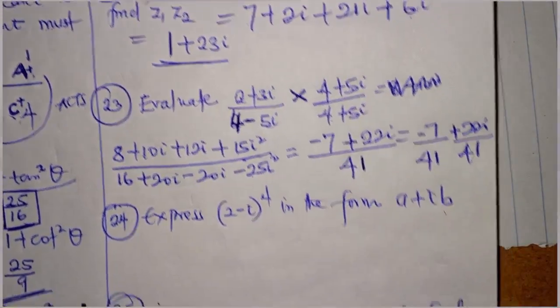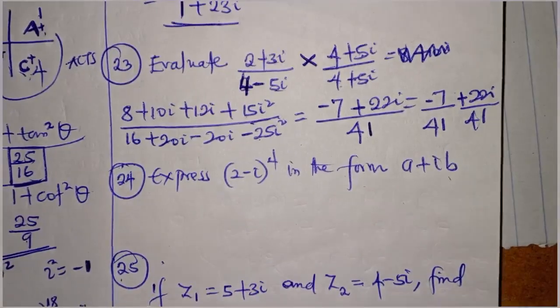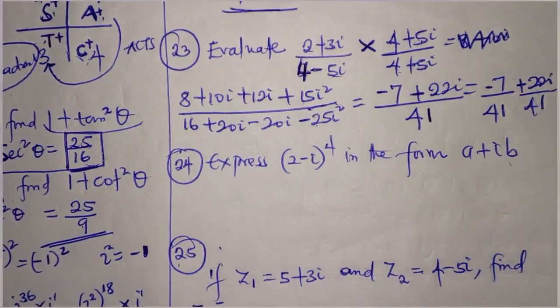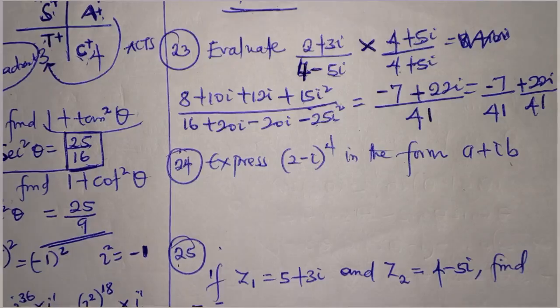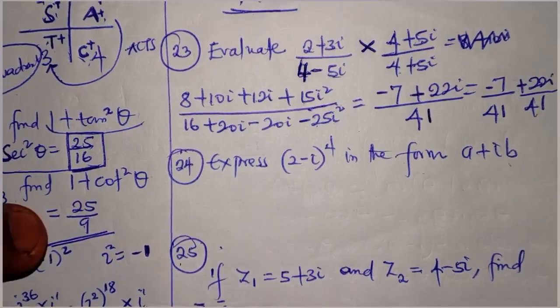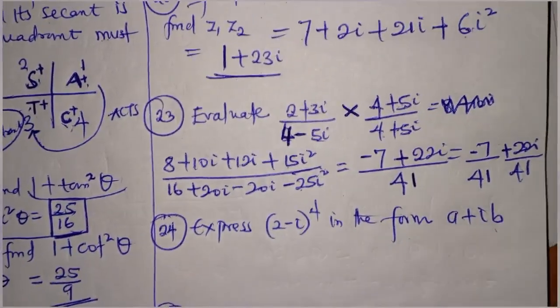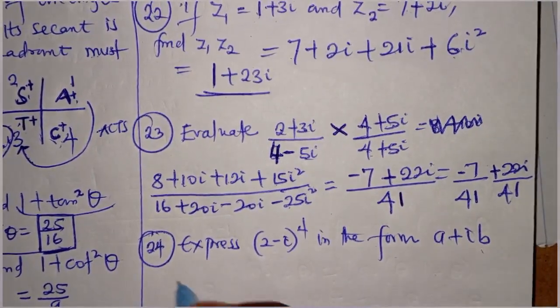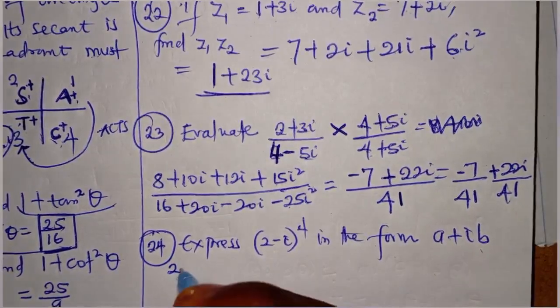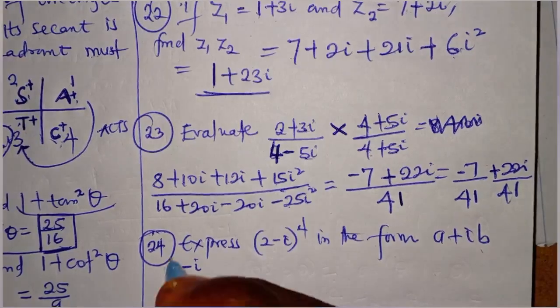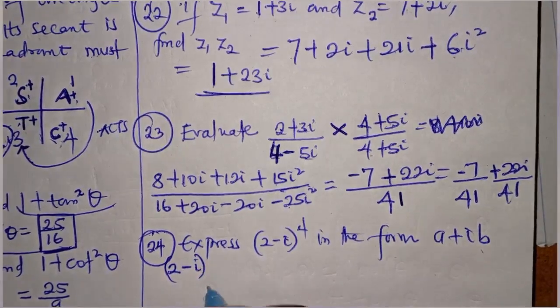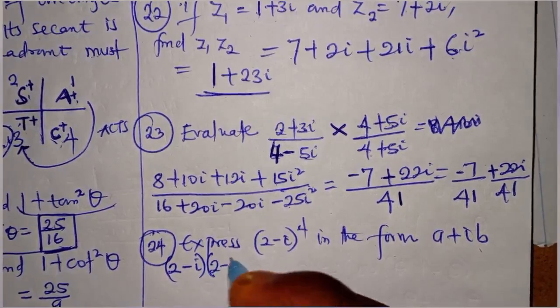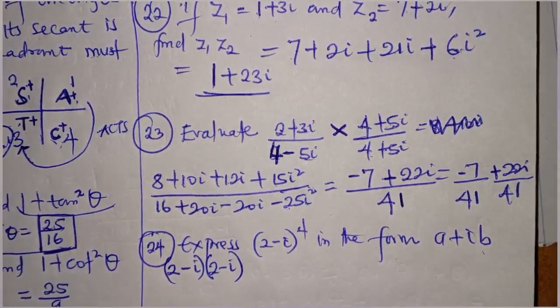Question 24 says, express (2 minus i) all to the power of 4 in the form a plus ib. What that means is that we should simplify the expression. This is actually the same thing as 2 minus i squared, all squared.